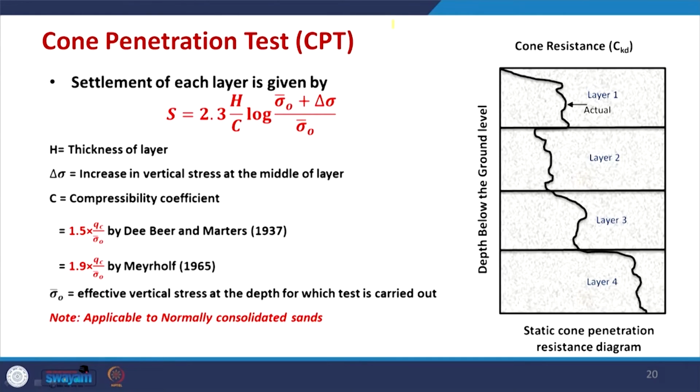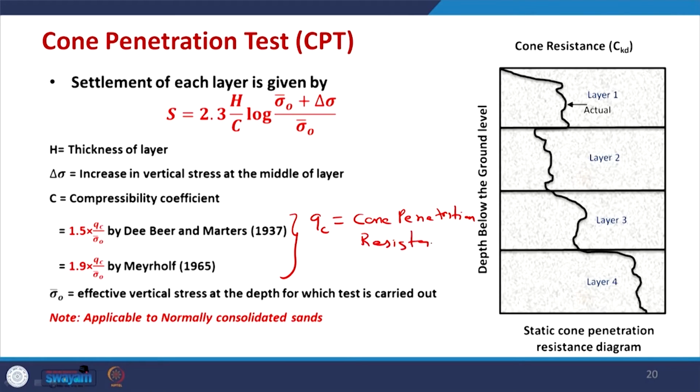QC is called the cone penetration resistance, that is the value which we find from CPT.